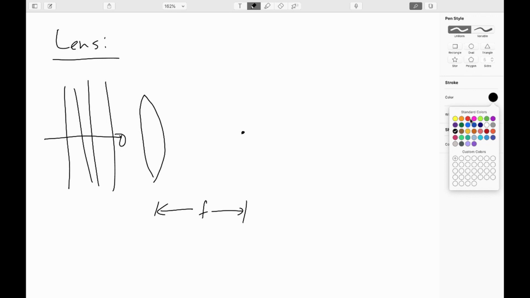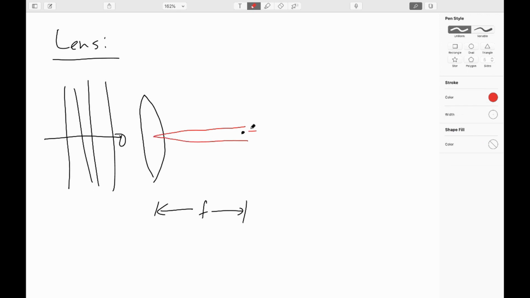But now we're going to be saying, well, it's actually going to split off just a little bit to the tune of up and down by this angle theta that we had just calculated, equal to 1.22 lambda over d, where d here would be the diameter of my lens. So that means this entire angle here would be 2 theta.